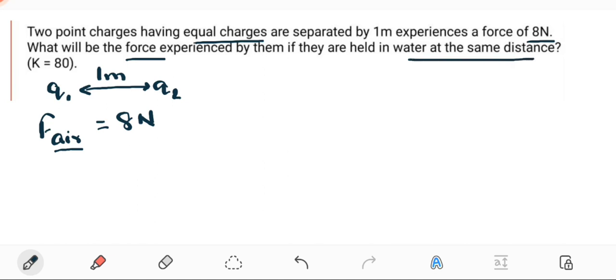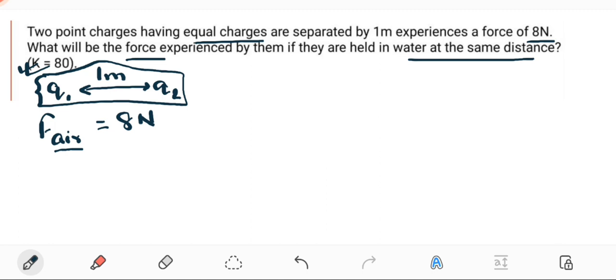If we put this whole system in water, what will be the force experienced between these two charges? We have to find that. The dielectric constant of water has been given, that is equal to 80. Now let's start.